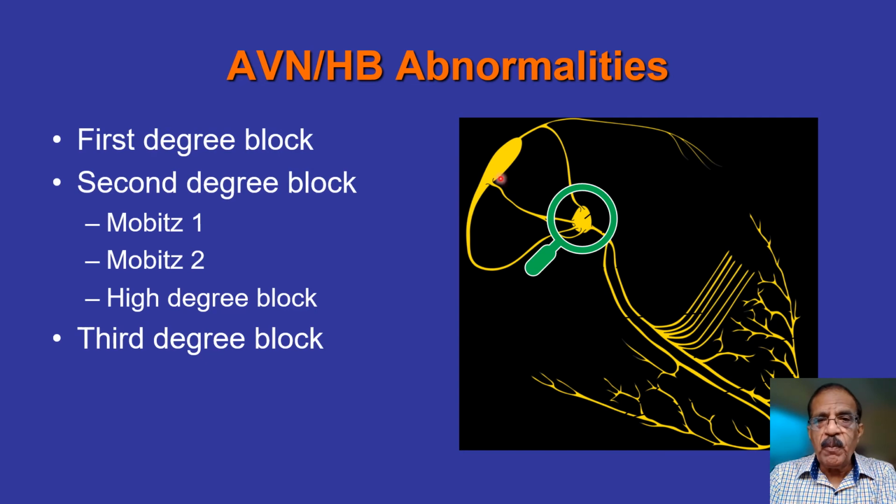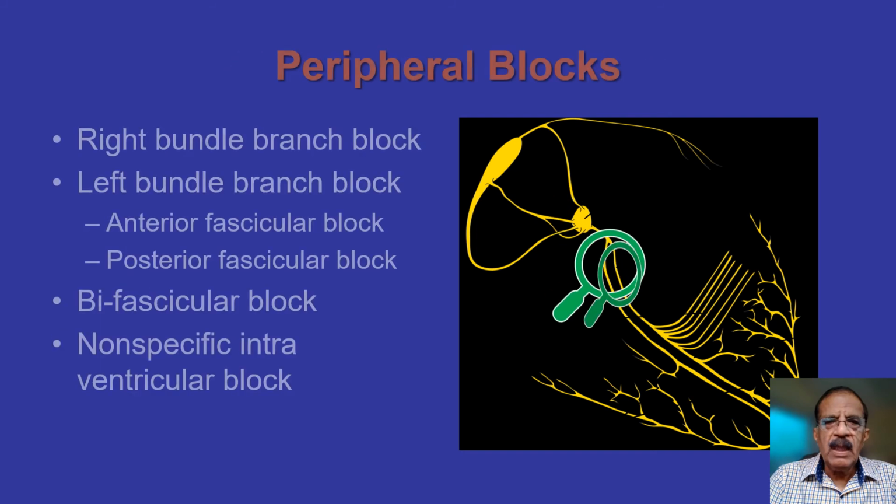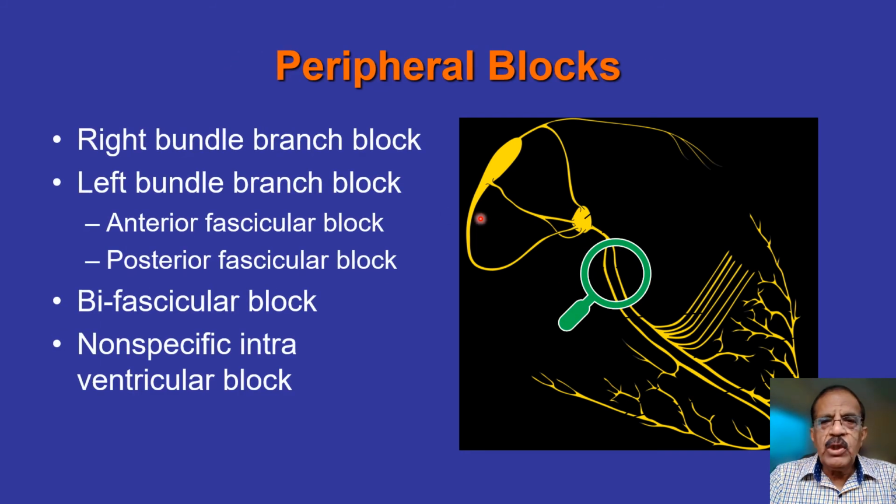Let's move further. So the problem could be here, here, or even distal. There may be a right bundle branch block if this bundle is blocked, or there may be left bundle branch block if the problem is here. Or the problem could be even distal.